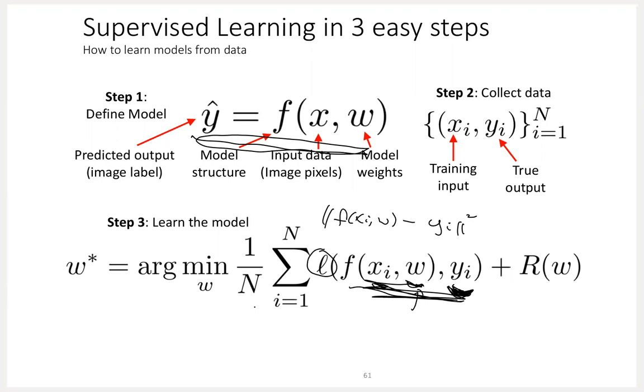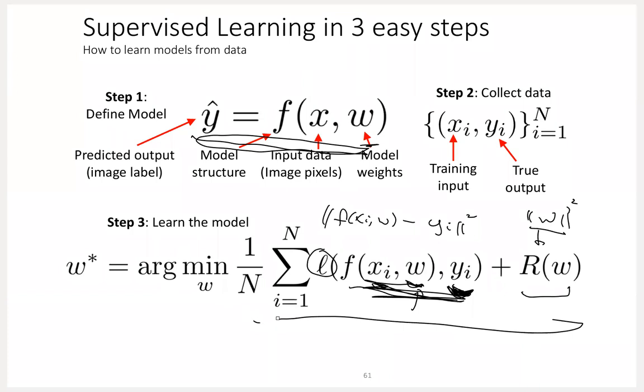I can also add a so-called regularization penalty here, for example the norm of W, in the sense that I want to reduce the complexity of W sometimes. We don't want to make W too complicated, for various purposes. So now I have this objective function here.